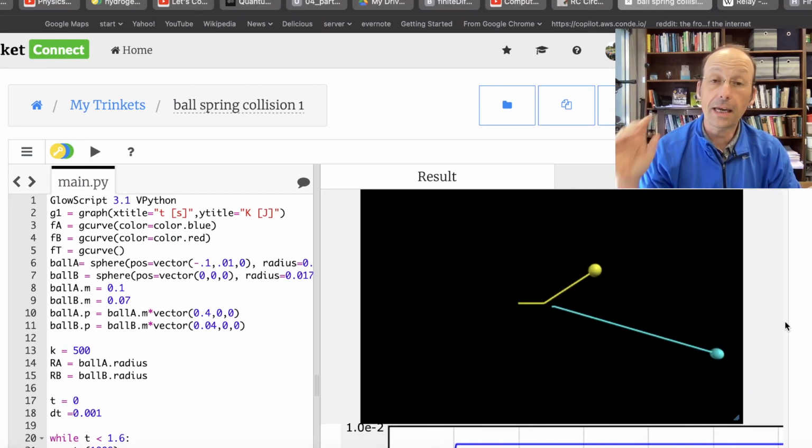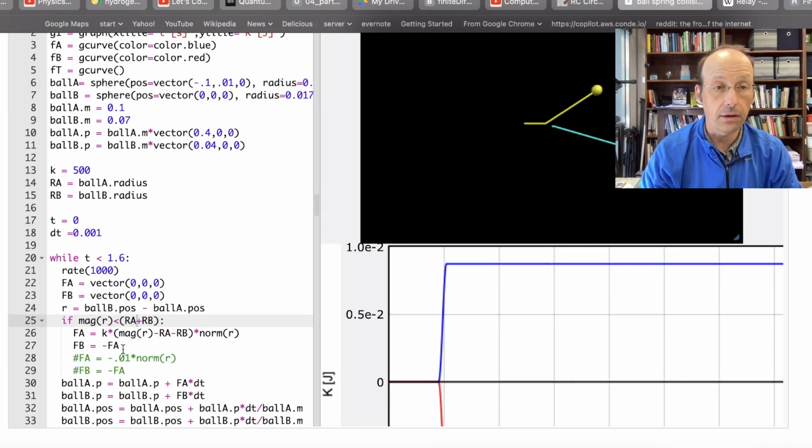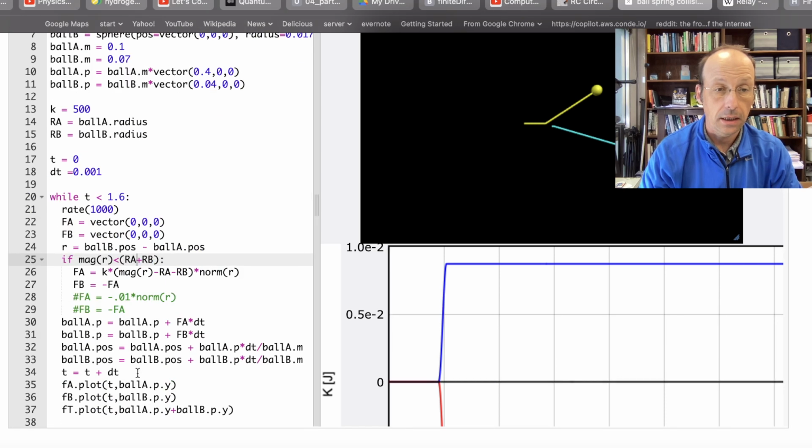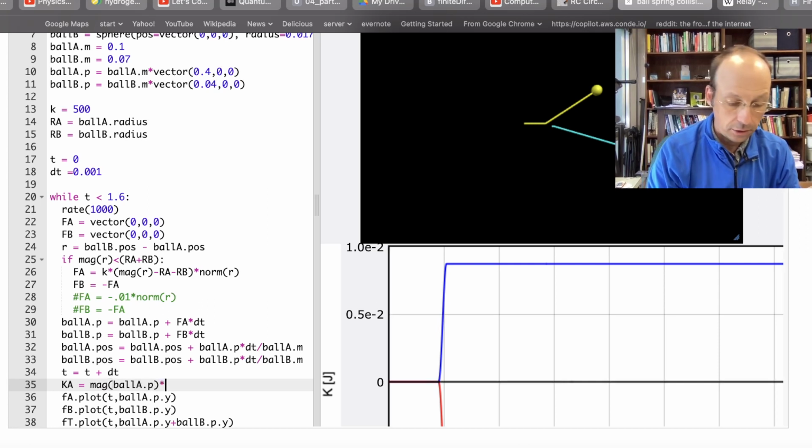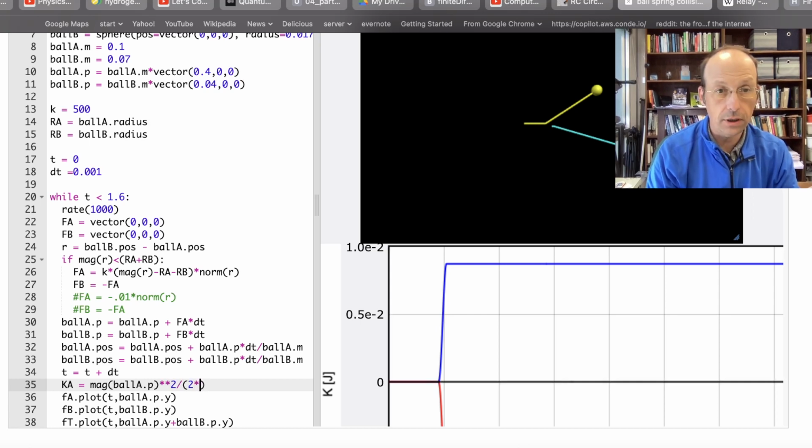Okay, so I want to calculate the kinetic energy before and after the collision. So down here, I'm going to say Ka equals mag 0.5, mag ball A dot P squared divided by 2 times ball A dot M. It's P squared over 2M, right?